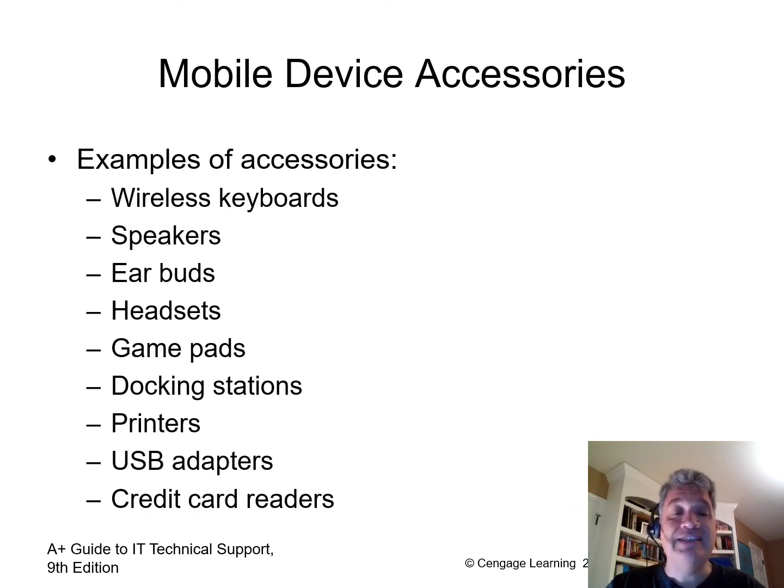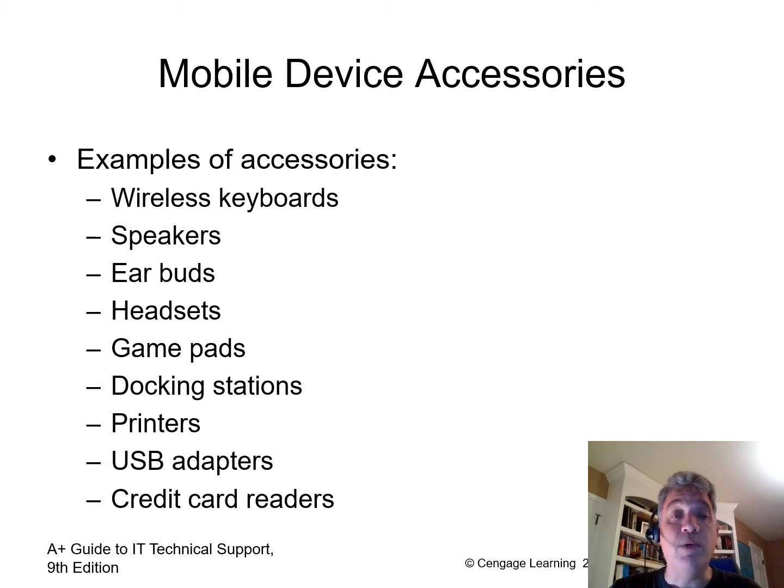Mobile device accessories, right? No surprise here, any of it. So I won't really cover much here, not much to add. Again, I'll point out docking stations because I want to make sure that's a term you're familiar with in the event that you've not used one before. Credit card readers also very common, in the gig economy.